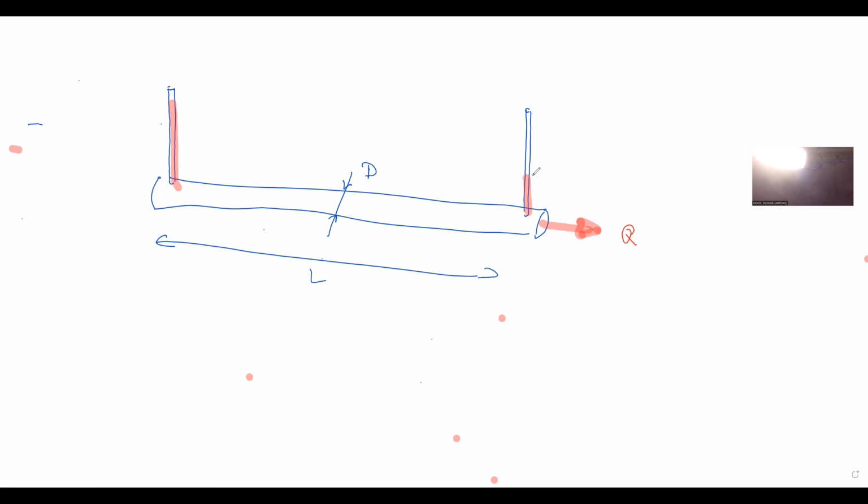And so we do have a pressure head here corresponding to a pressure difference delta P. So this is the classical situation of a pressure-driven flow through a pipe of diameter d, length L, creating a flow rate Q as a function of the pressure difference delta P.